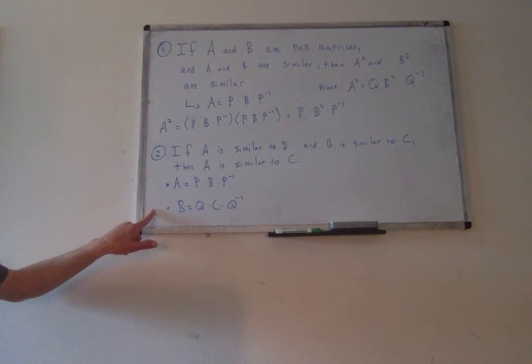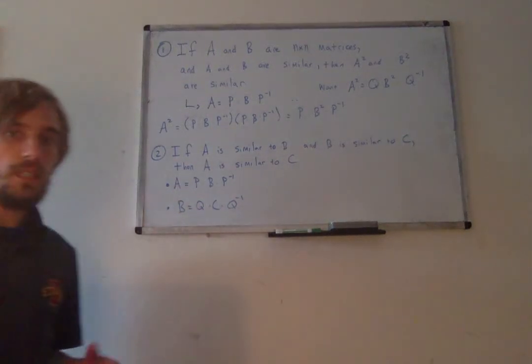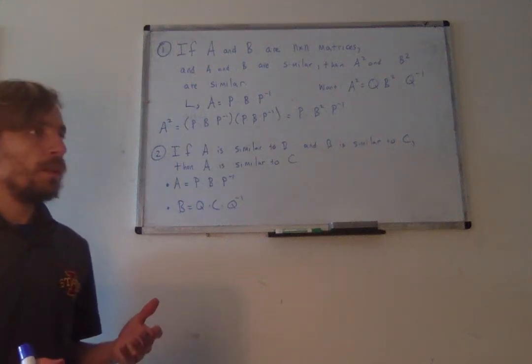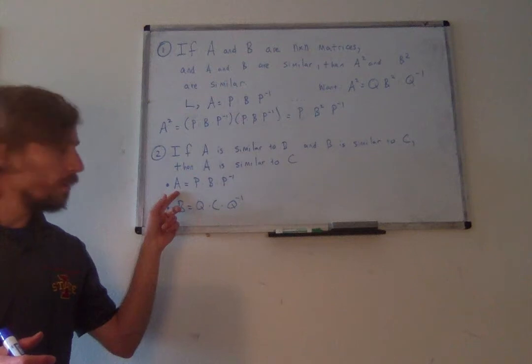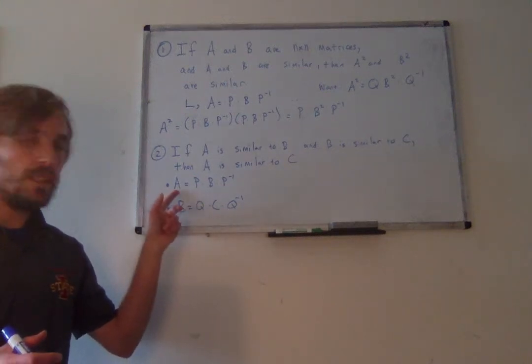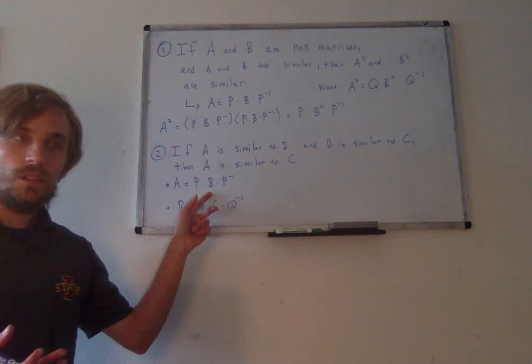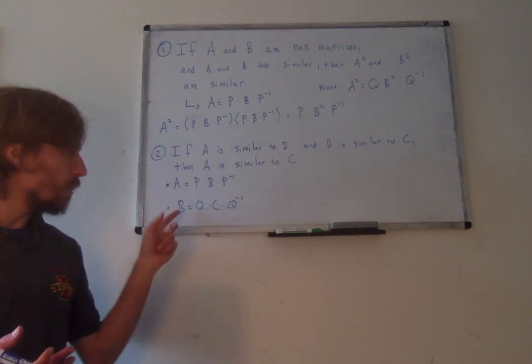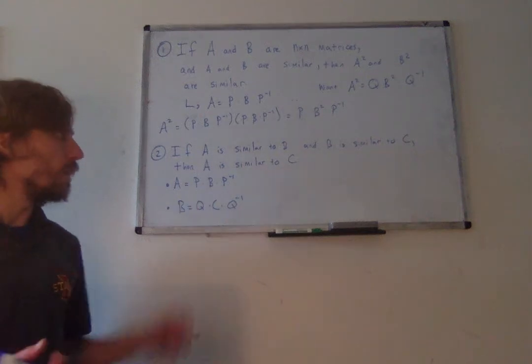And again, what we want to find is some sort of relationship between A and C that is a similarity relationship. So in this case, what you want to do is start out with an equation for A or an equation for C. In this case, we have an equation for A, but we don't want B in this equation. So maybe a good idea would be to substitute an equation in terms of C for B.